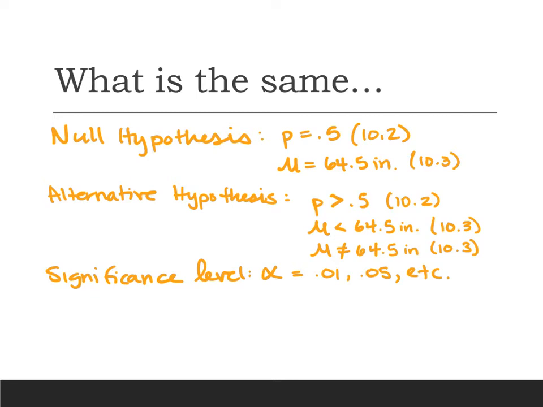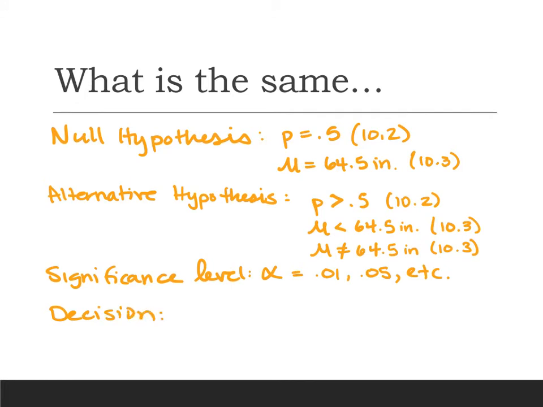I've seen some problems, and especially reading some journal articles, where they've said the p-value is less than 0.001, so less than a tenth of a percent, so very small. So significance level is going to stay the same, and then our decision.